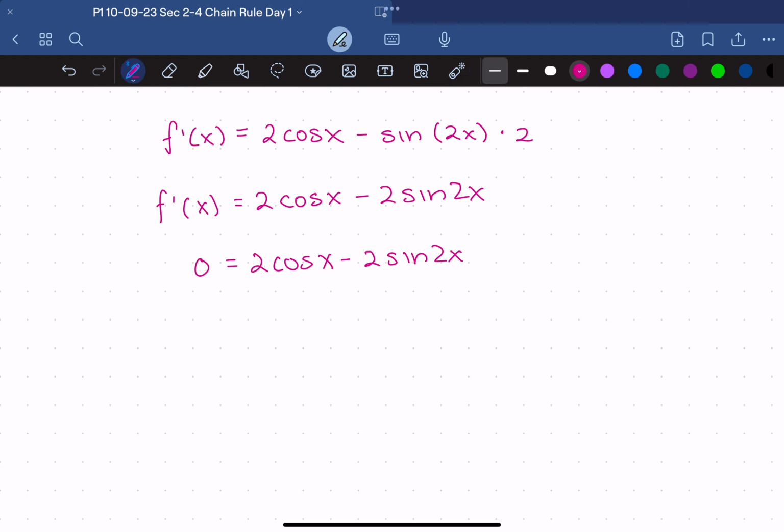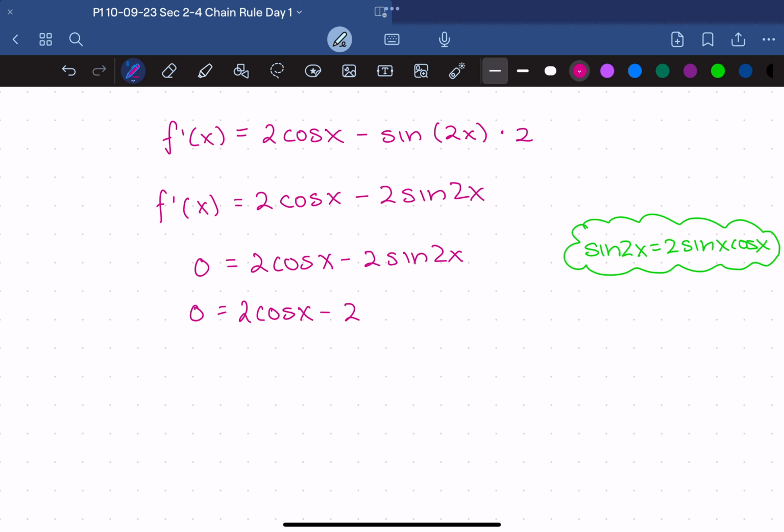Well, do you remember your identities? Sine 2x is 2 sine x cosine x. So using that, I can write everything in terms of an angle of x.